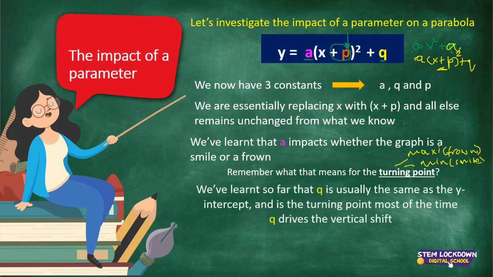We also have learned that q is usually the y-intercept, and that q is the turning point most of the time, right? Usually at q, x is equal to 0, and your y is your turning point. And we found that q drives your vertical shift, whether your graph moves up or your graph moves down. That's what we found. So now, what does p do?